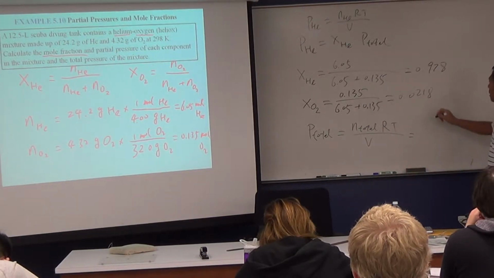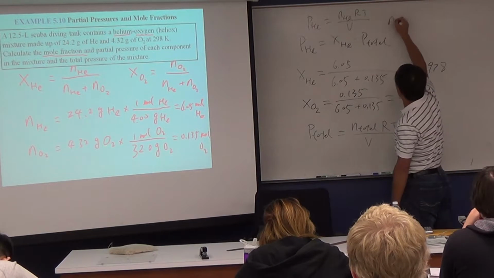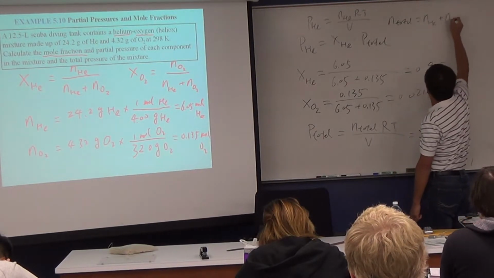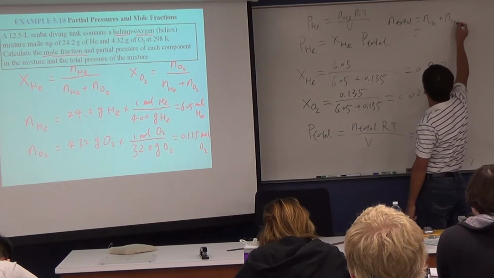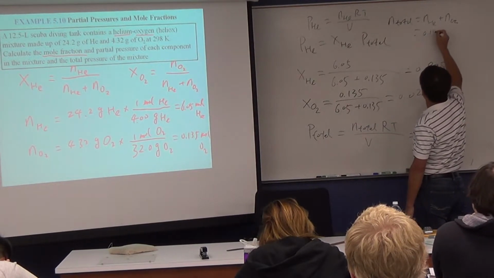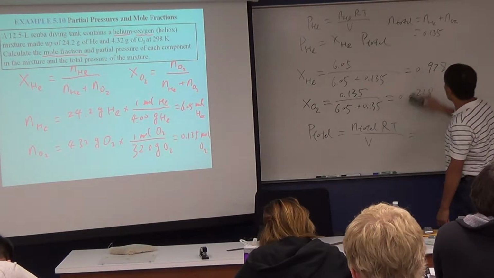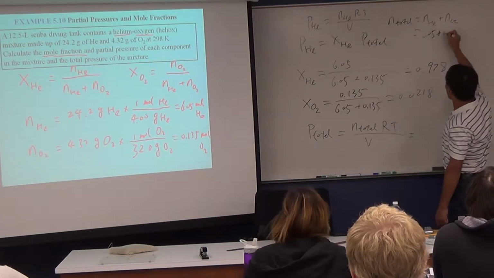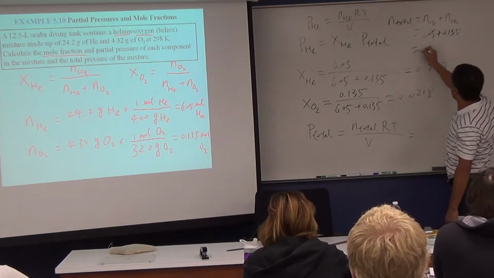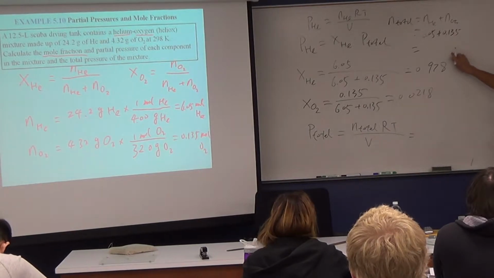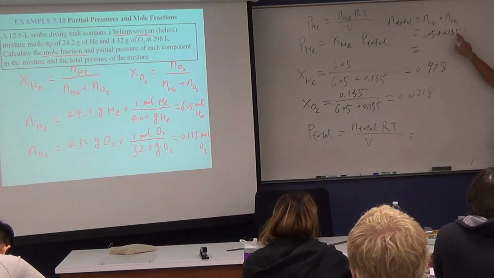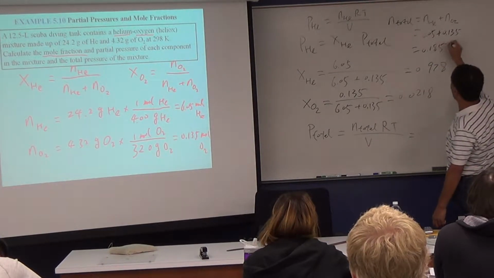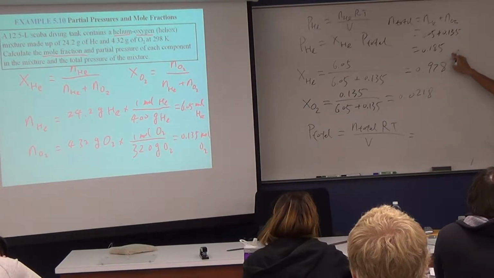Let me write here: N total equals N helium plus N O2, which equals 6.05 plus 0.135, moles of helium and moles of O2. You get 6.185, so that's our N total.